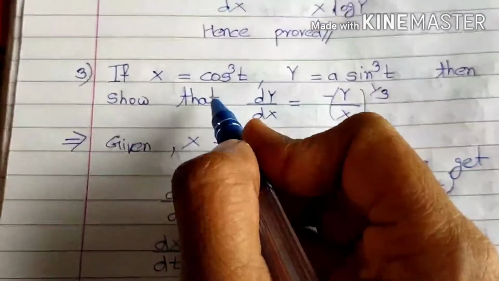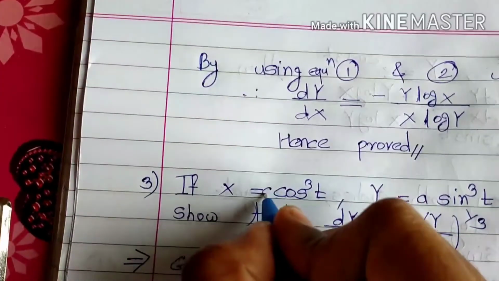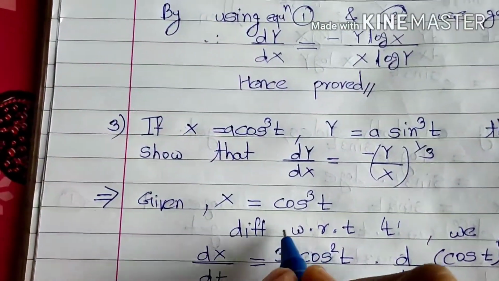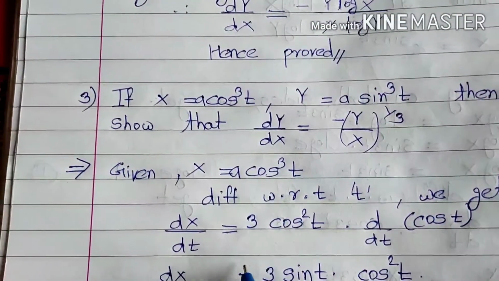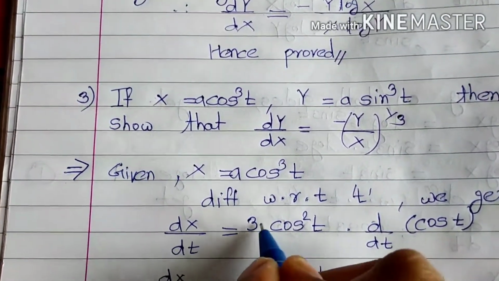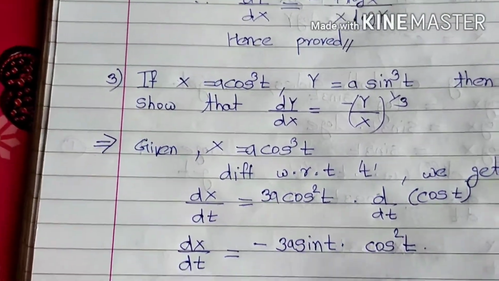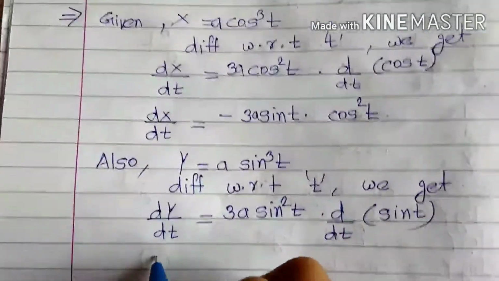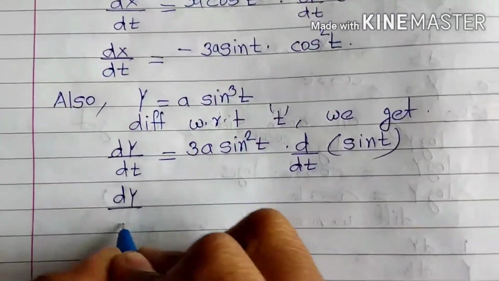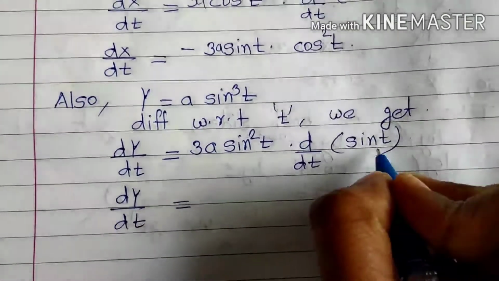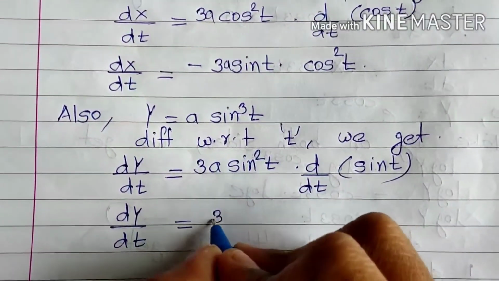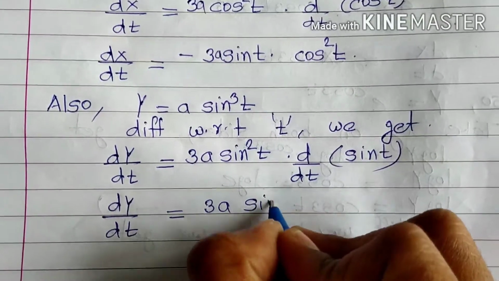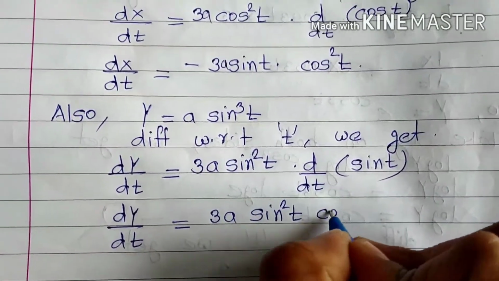Here is some mistake. Here x is a cos cube t. So here 3a, differentiation, we take dy upon dt is equal to differentiation of sin t is cos t. So 3a sin square t cos t.